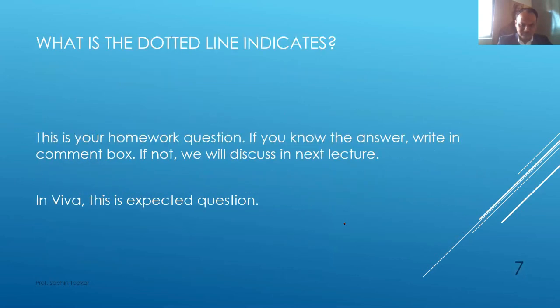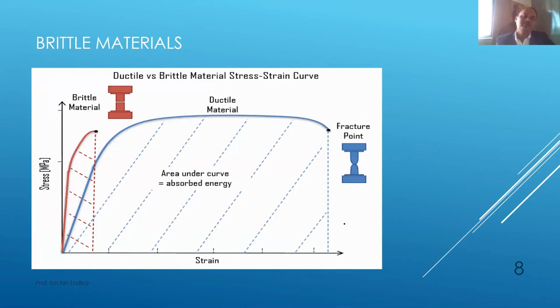So we'll go towards brittle materials. Now in brittle materials, what happens? This ductile versus brittle material curve is there. We have seen that in ductile materials, Y to R, or we can say Y to rupture, that curve is very elongated due to the ductility of the material. But in case of brittle material, it gets broken here only.